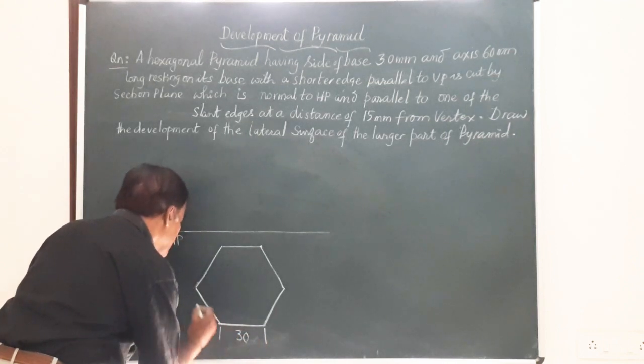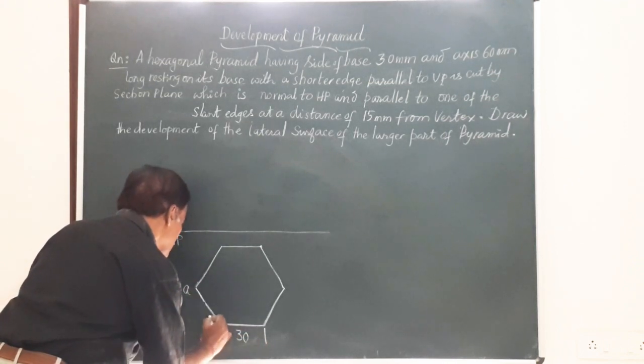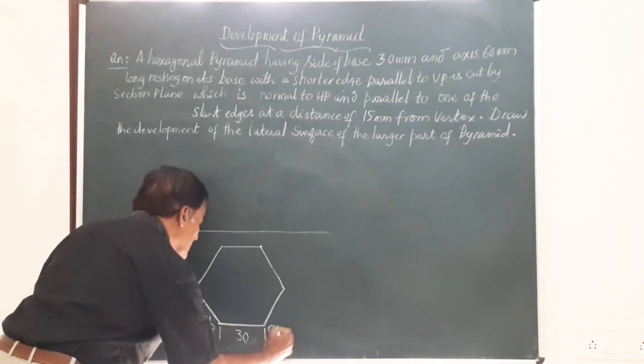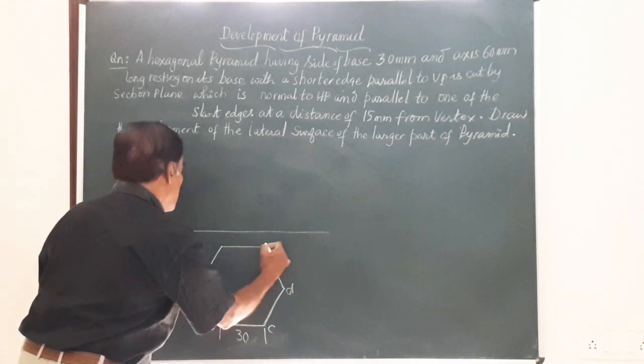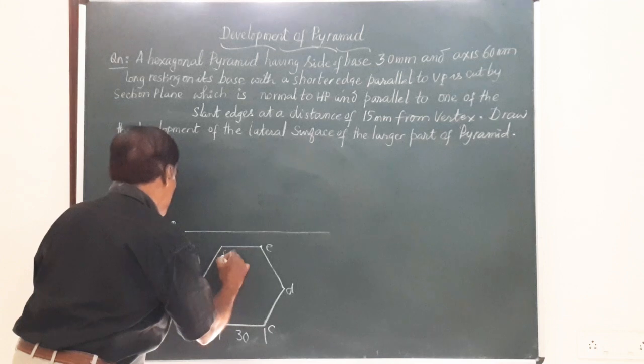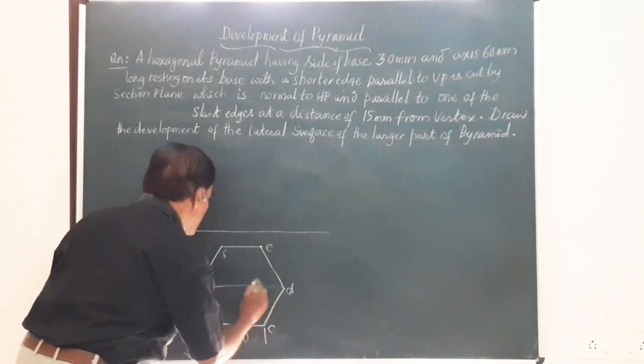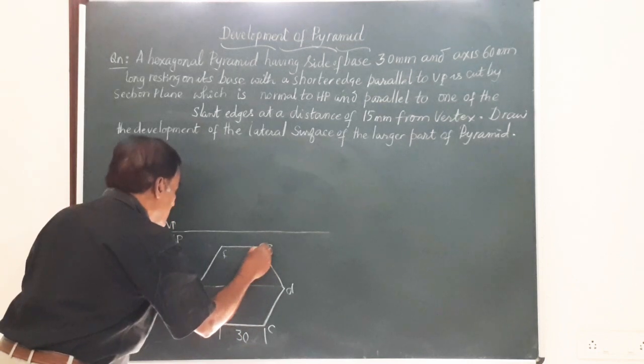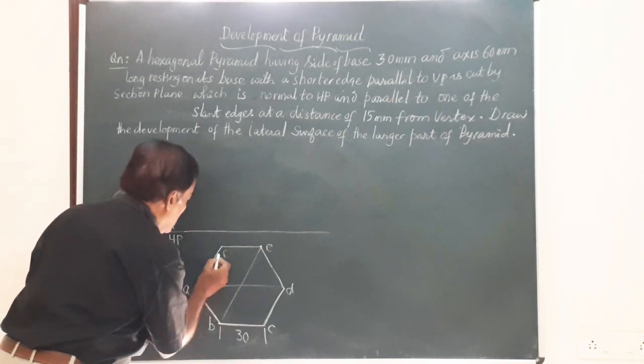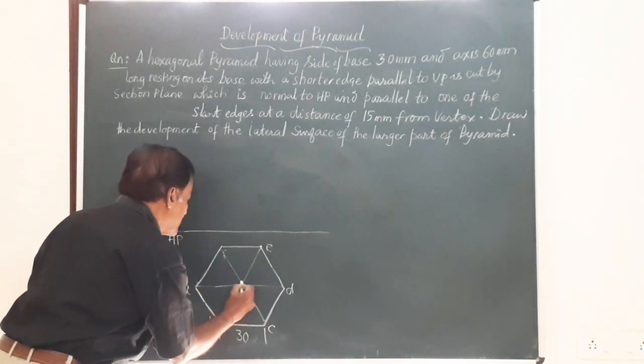Let me mark it as A, B, C, D, E, F here. And let's locate the center of the solid, that is O, O1. Join all the corners to the center.